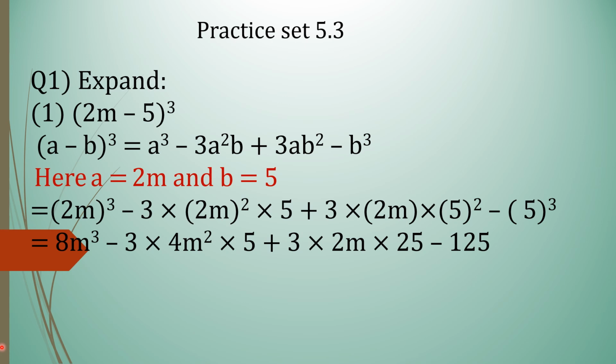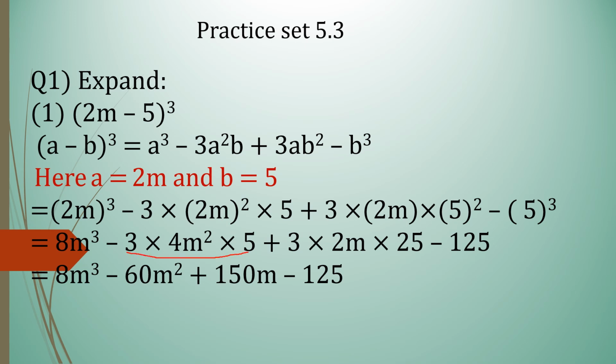So next step, that is 8m cube minus, you'll multiply this term. Here this will multiply first, 3 into 4 into 5 coefficient, that will get 60, then m square. Now plus, then you'll multiply this term, that is 3 into 2 into 25, so you'll get 150, and the m variable is there, so 150m minus 125.